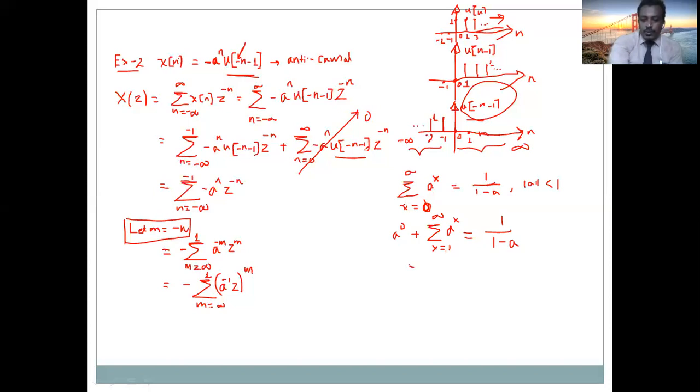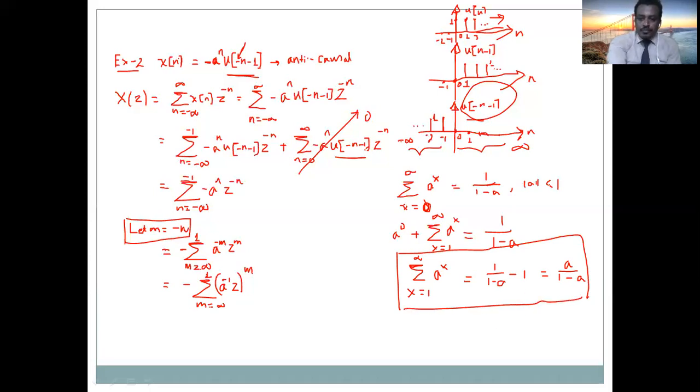It is 1. So the summation x from 1 up to infinity of a raised to x will be 1 over 1 minus a, taking this on the other side, minus 1, which gives a divided by 1 minus a. We derive this from the geometric sum formula.